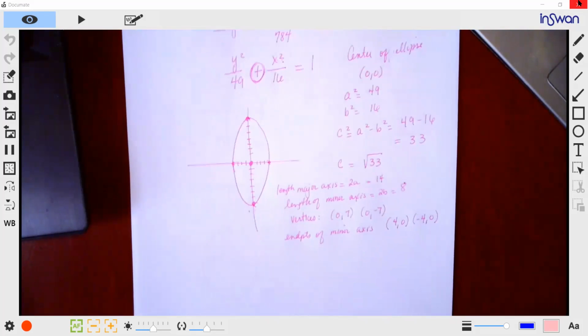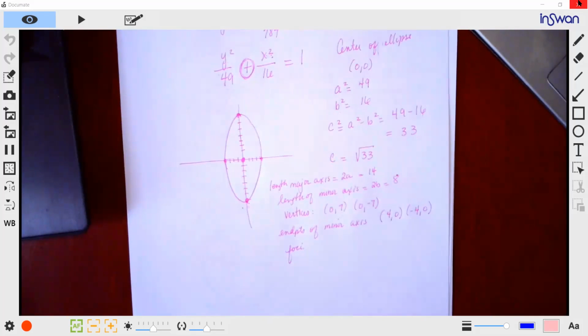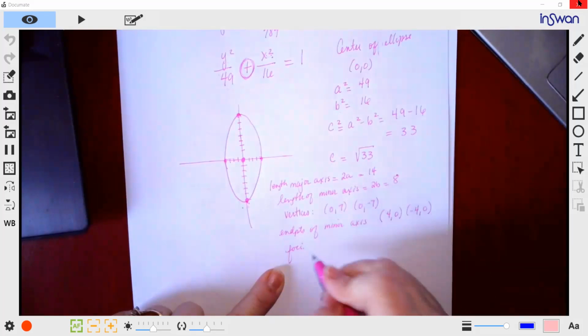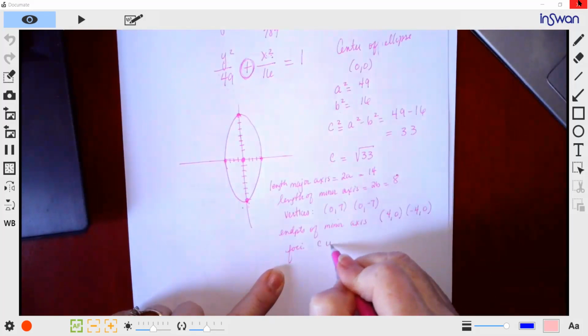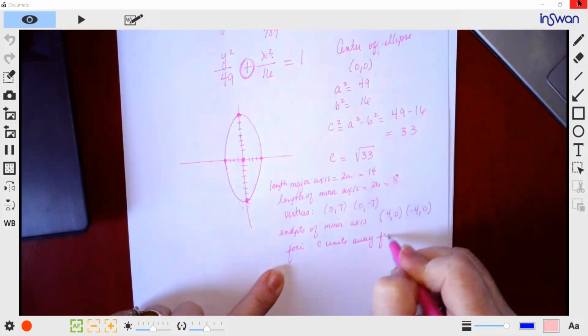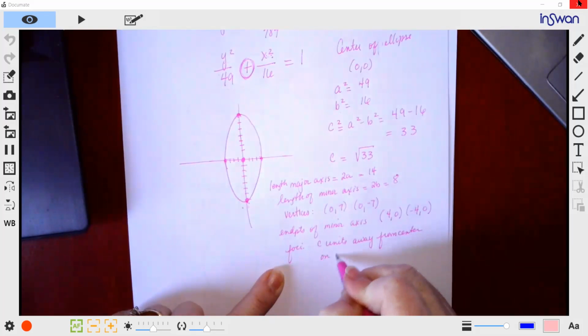And then the other thing we want to find is what are the foci. Foci are going to be c units away from center on the major axis.